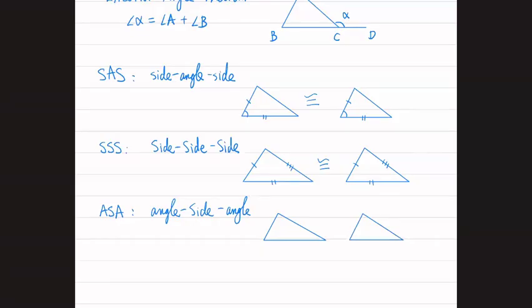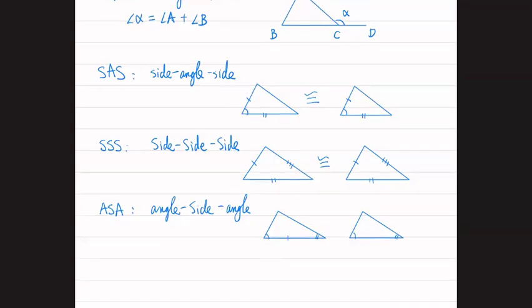We have first pair of angles, second pair of angles, and the side connecting them, then the two triangles are congruent. So here it's very important to pay attention to the order. If the order changes, we may have a different situation.